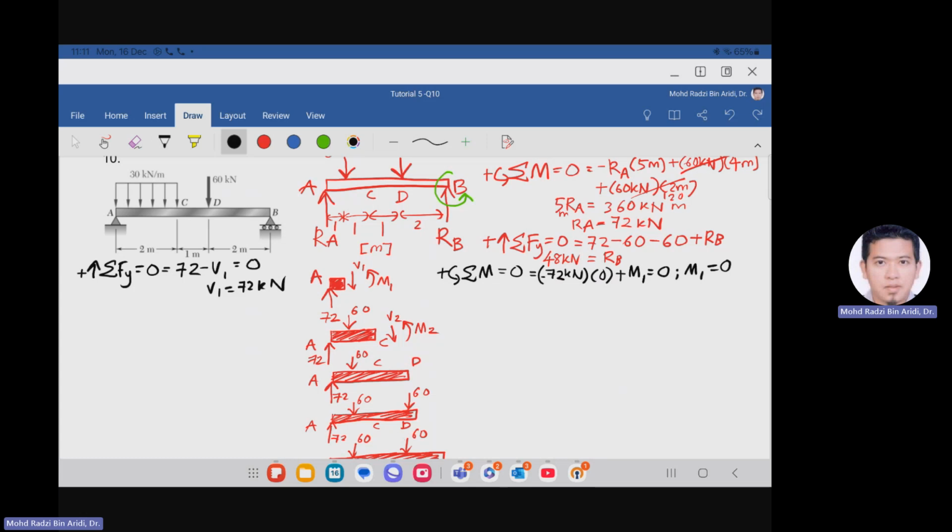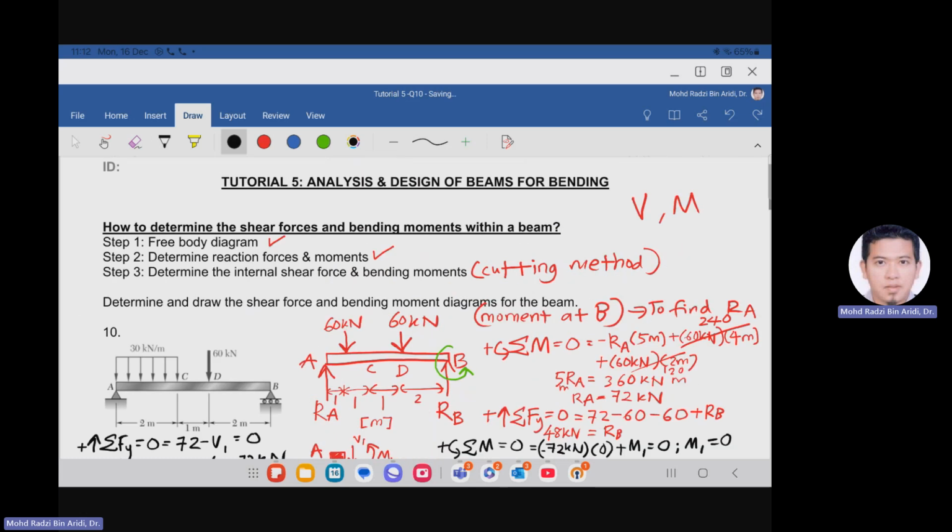Because after A, the cut can be any point between A and C, so we don't fix the distance. That's why every time we cut just after a point, the distance will be 0. We will see this same situation later when we do the cut after C. So next we go to the second cut.